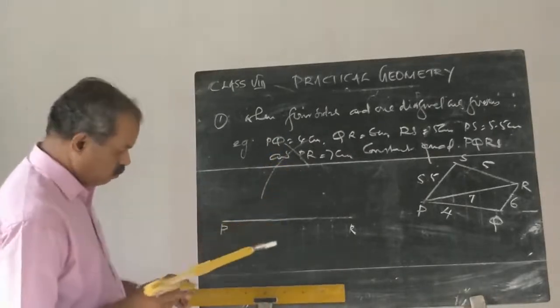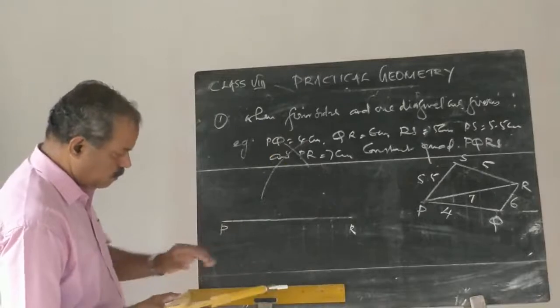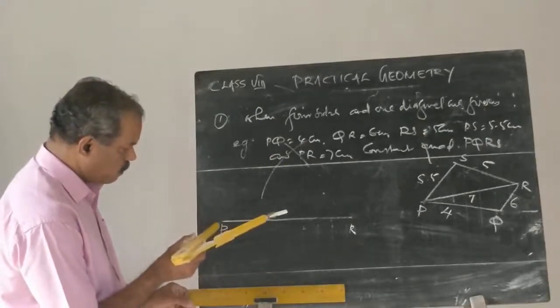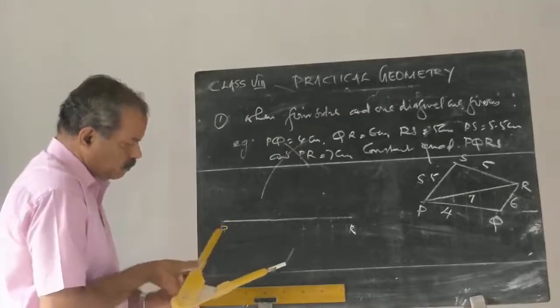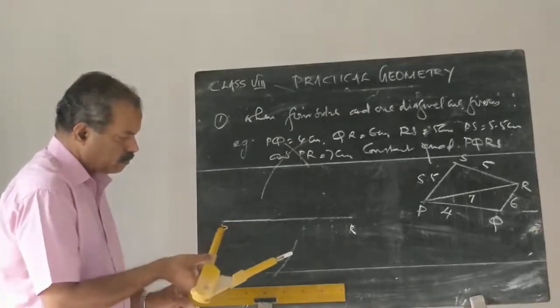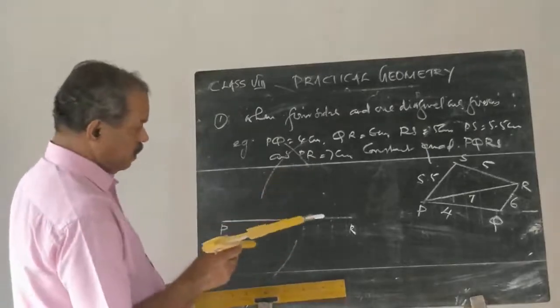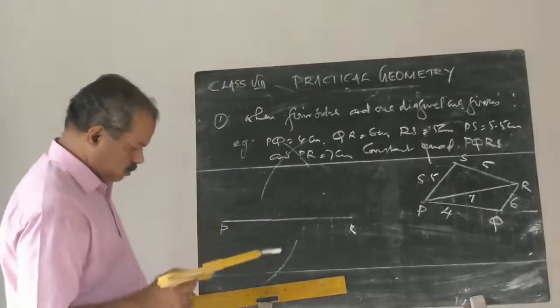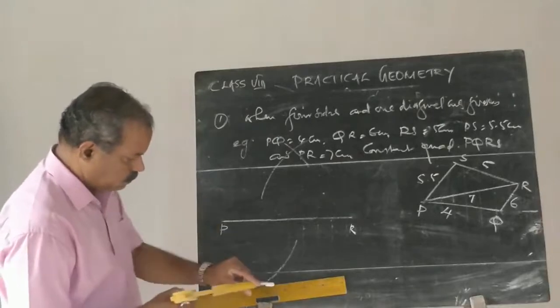Then PQ 4 centimeters downwards, and 6 centimeters.